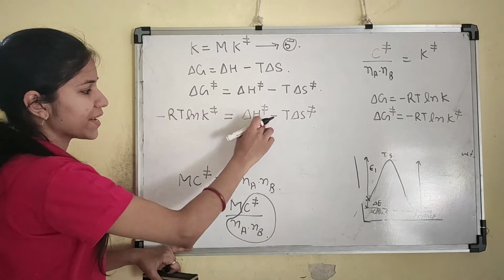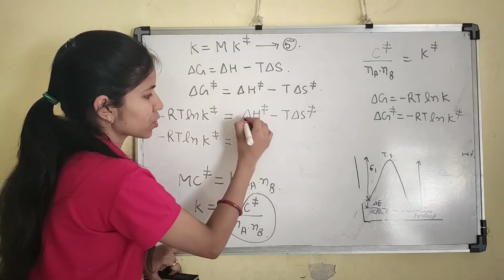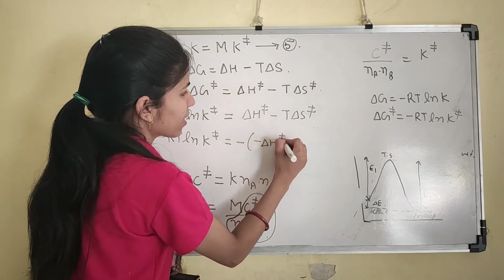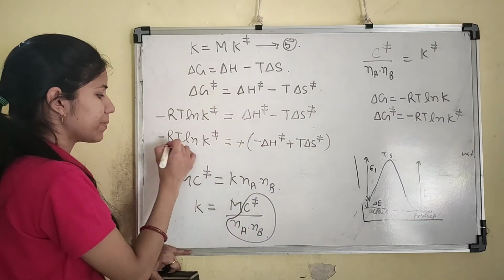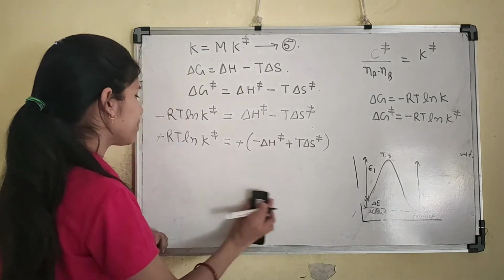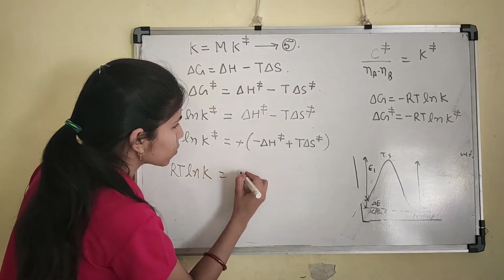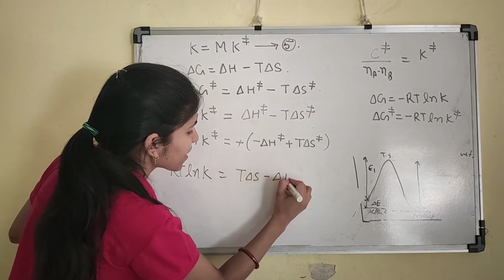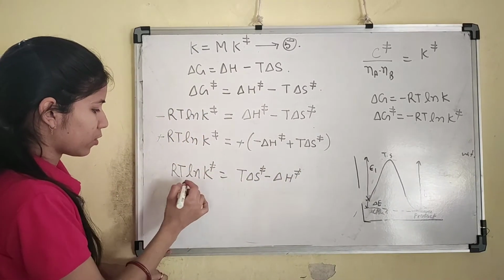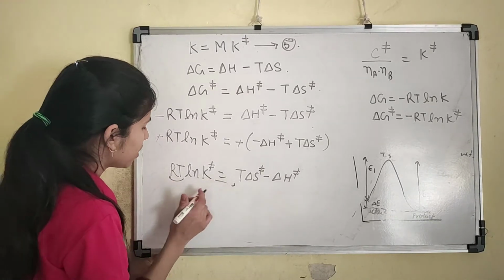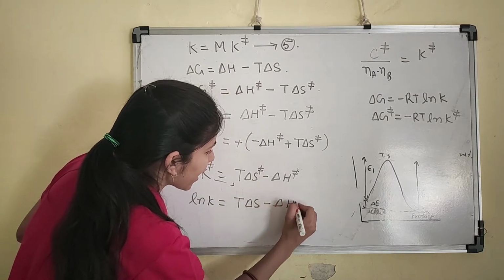Now taking a common minus, minus RT ln K star is equal to minus delta H star plus T delta S star. The minus will cancel out, so the equation becomes RT ln K star is equal to T delta S star minus delta H star.